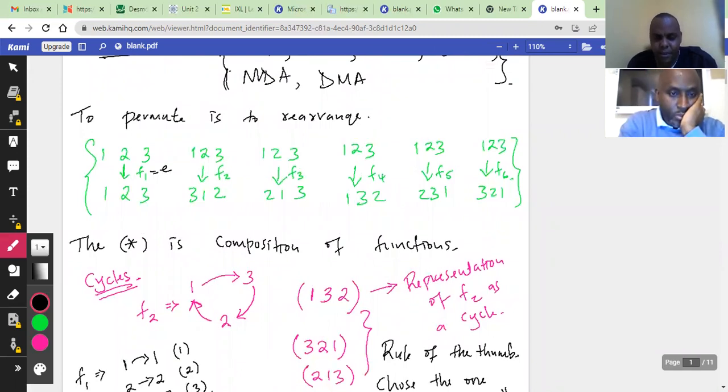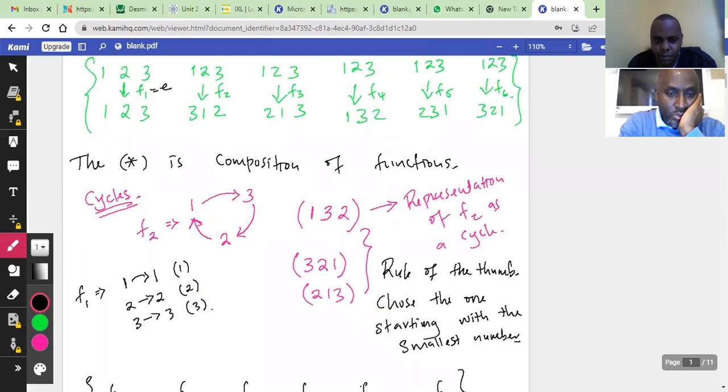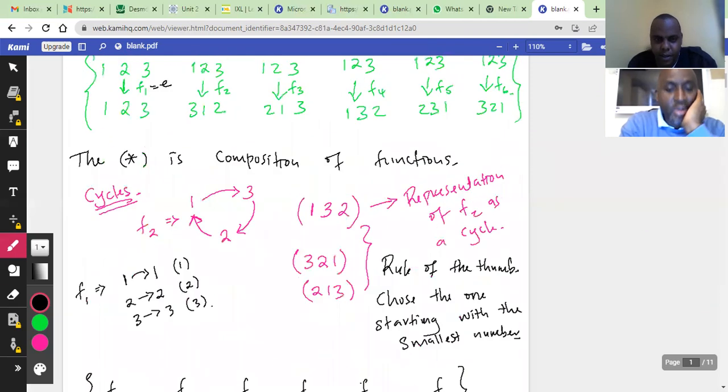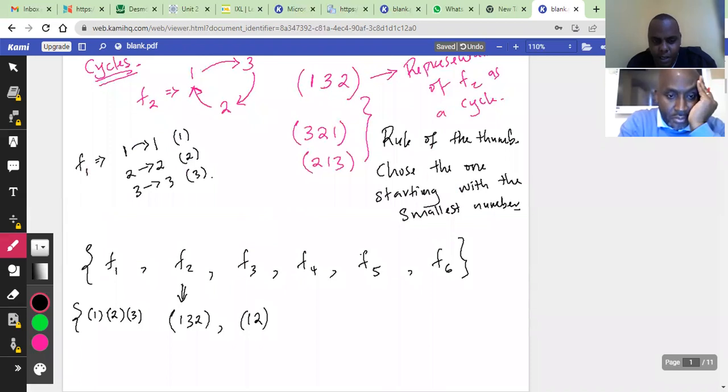So let's look at F3. We think of it as a cycle. What is its cycle representation? 1 goes to 2, and 2 goes to 1. That's one cycle. And 3 goes to 3. Whenever we have a cycle of length 1, we just ignore it.